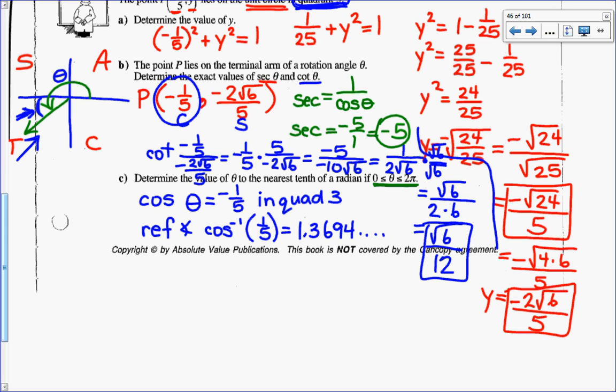So to figure out what this whole angle is, it's 180, which is pi, because we're in rads here, right? So pi plus 1.3694, which equals 4.5, and it goes on and on, but it's asked us to list this to the nearest tenth, so we'll leave it at that, radians.